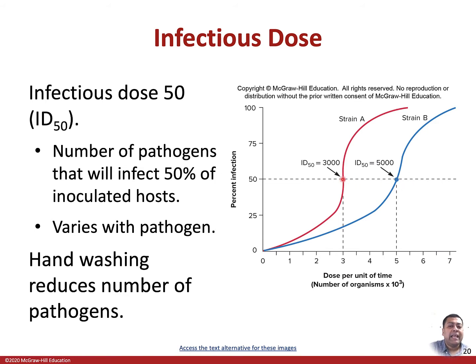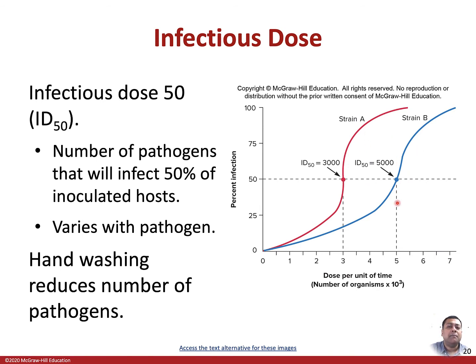If they are the same kind of pathogen, to some extent you can compare between the two species, that this is actually more virulent compared to this, which is basically because the infectious dose is less. Now, this ID50 gives you an overview of the infectious dose, but you cannot really compare a bacterial infection with a viral infection, a fungal infection or a protozoal infection.